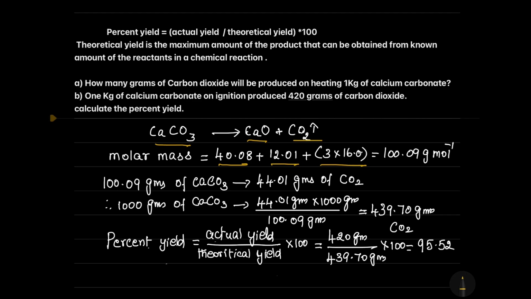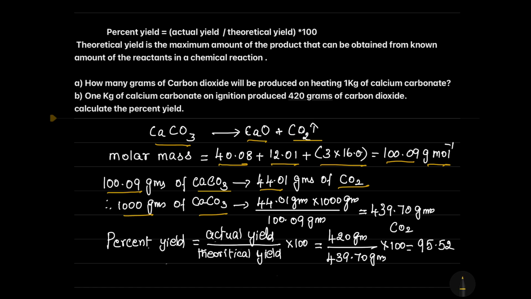The molar mass is 100.09 grams per mole, or 100.09 grams of calcium carbonate gives 44.01 grams of carbon dioxide. What is 44.01? That is the molar mass of carbon dioxide. If so, then how many grams of carbon dioxide will be obtained by heating 1000 grams of calcium carbonate? That is the question.